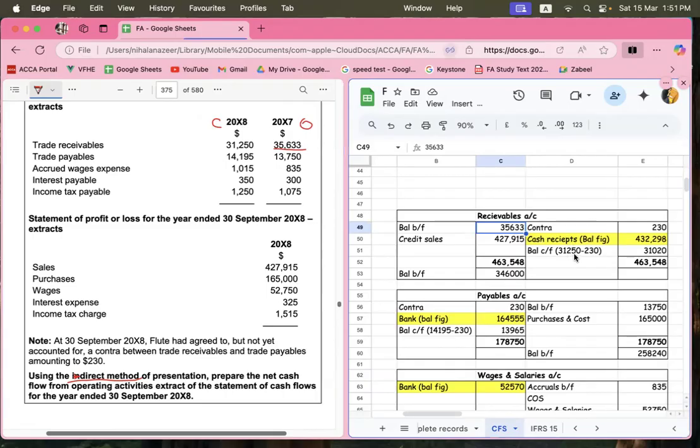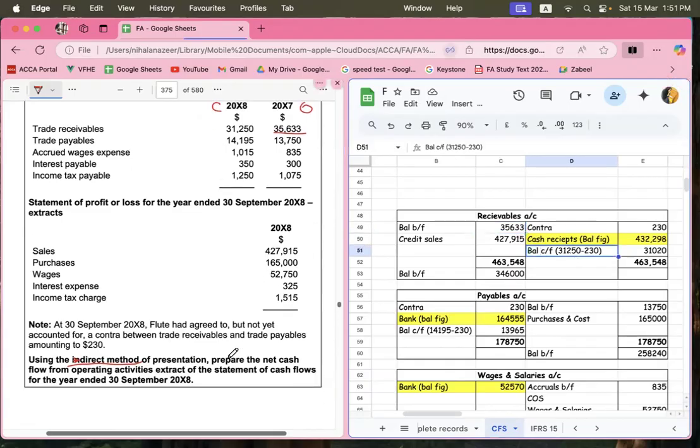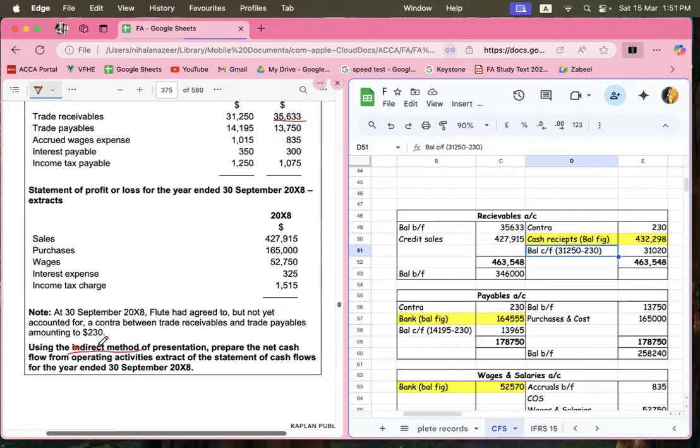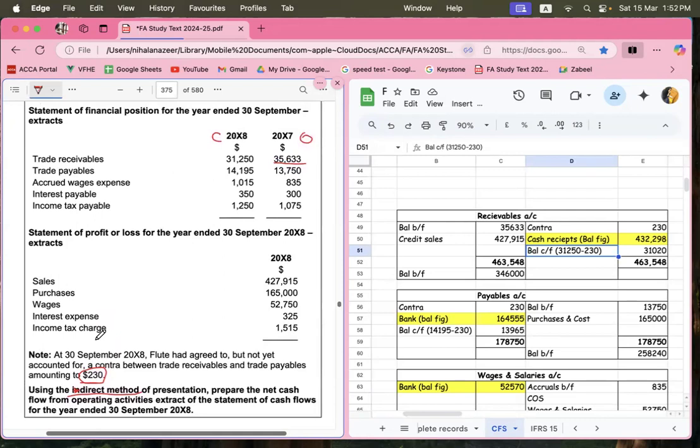And for the receivables closing balance, we have a twist here. The twist is there is a contra entry of 230 in the receivables. Contra means it would be there in receivables as well as in payables. Now, the moment of confusion is whether or not to take this off from the closing balance.